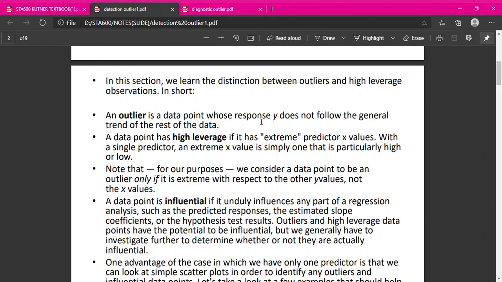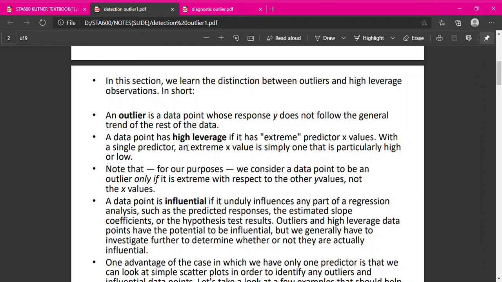Okay, itu outlier. Kalau data point has a high leverage if it has extreme predicted X values. Dia ada extreme in X value sahaja, tapi ianya still follow the trend. With a single predictor, an extreme X values is simply one that is particularly high or low. Dia ada extreme values, extreme predictor in X values, dipanggil high leverage point.